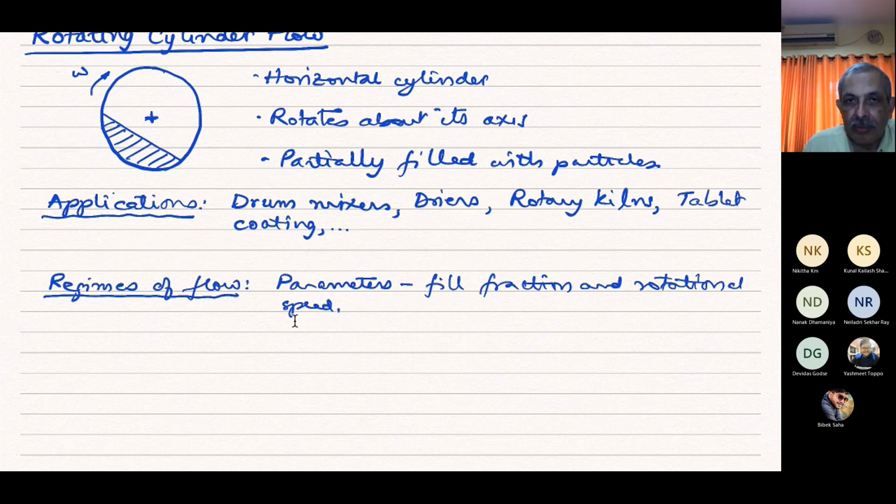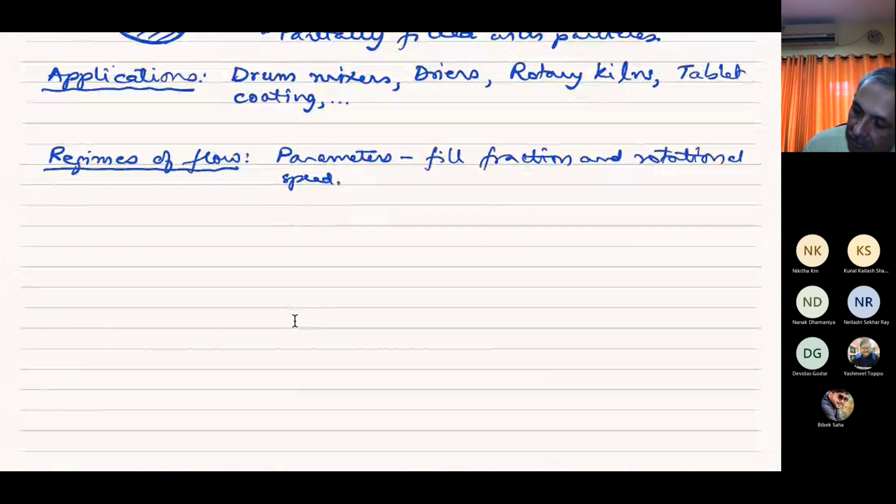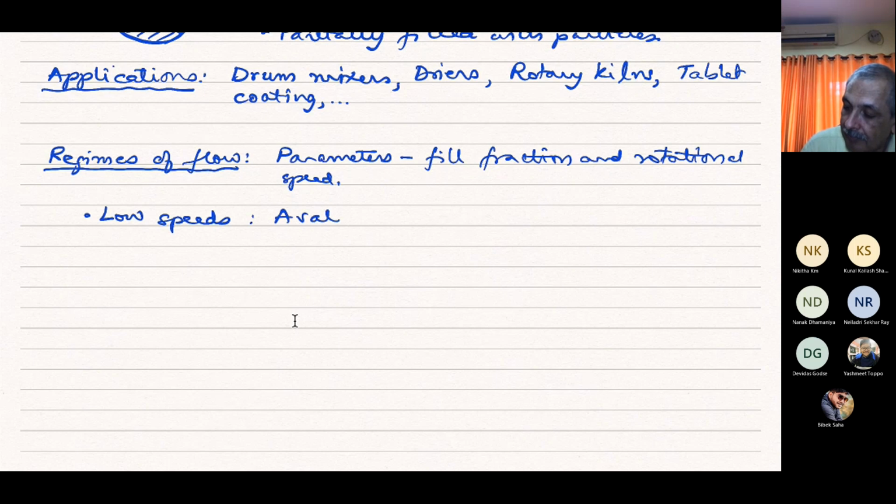So what people have found is that if you are at very low speeds, you get what is known as the avalanching regime.